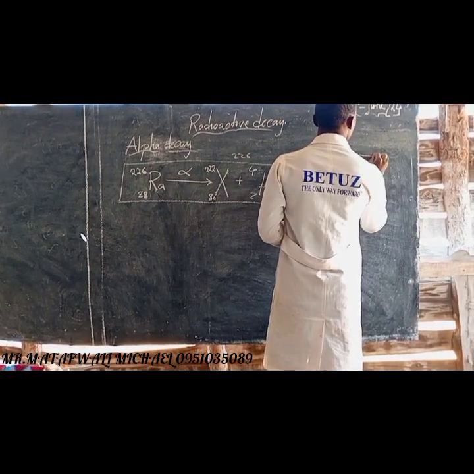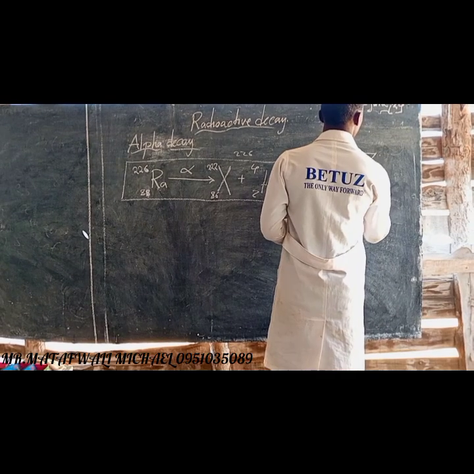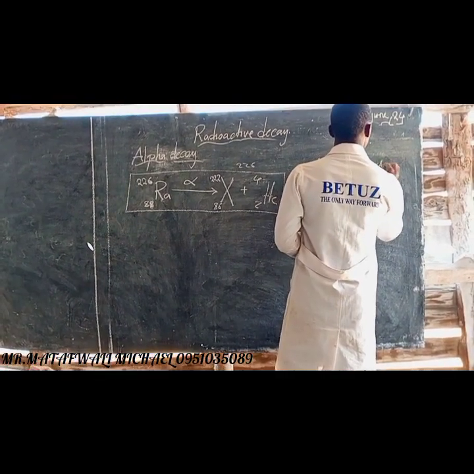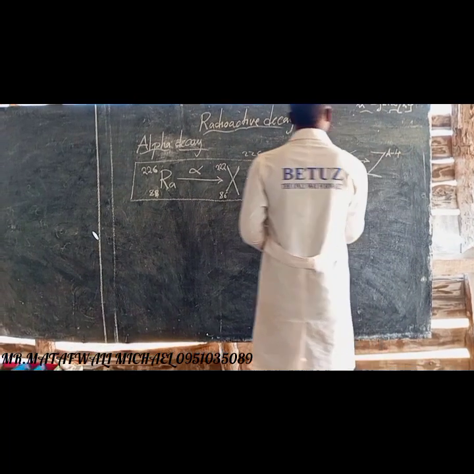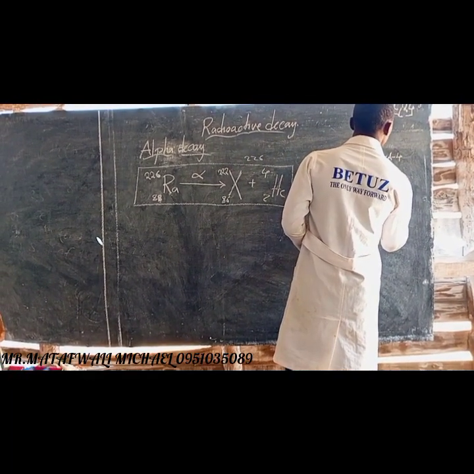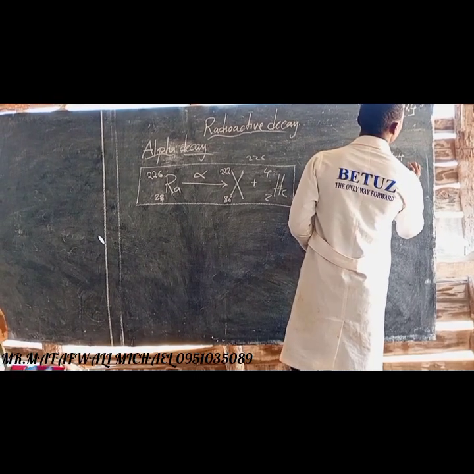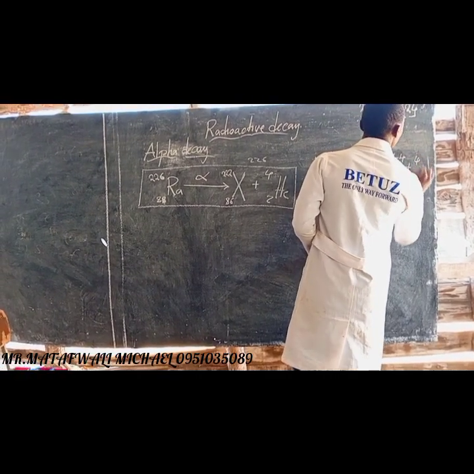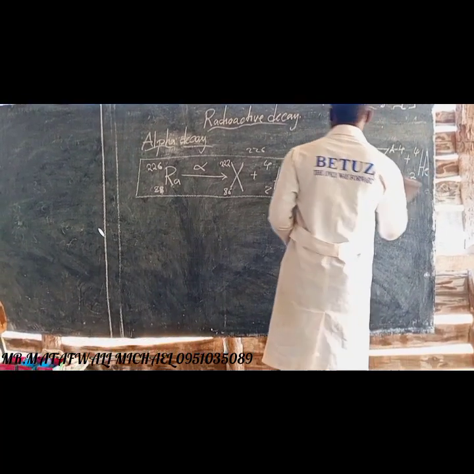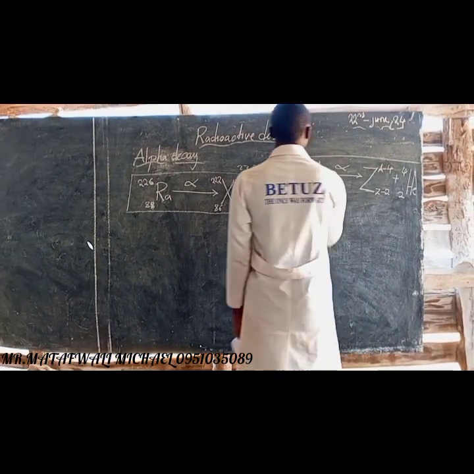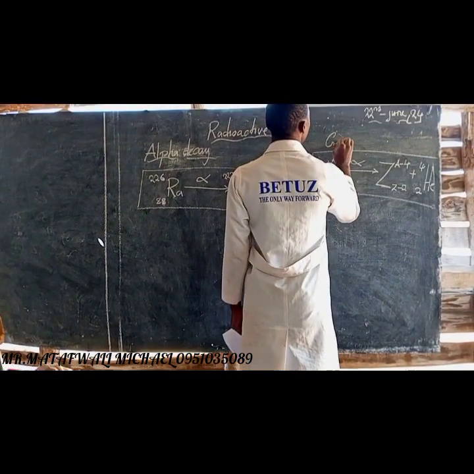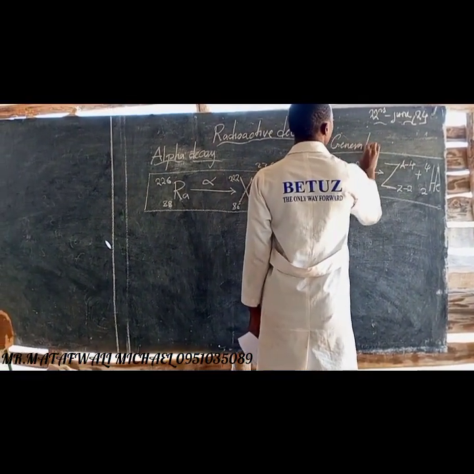The element which is going to form on this side, the product, has its mass number reduced by 4, while the proton number is reduced by 2, then plus the helium nuclide. So this is the general equation for alpha decay.